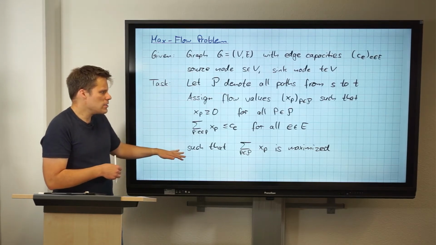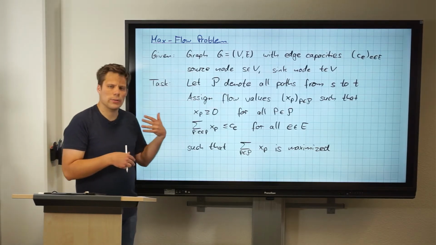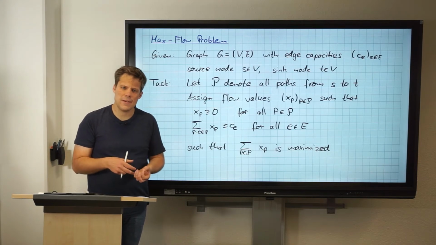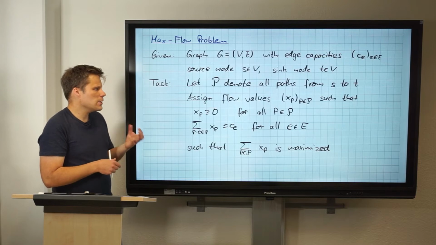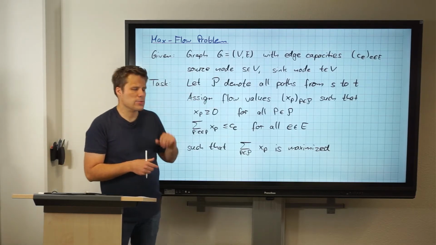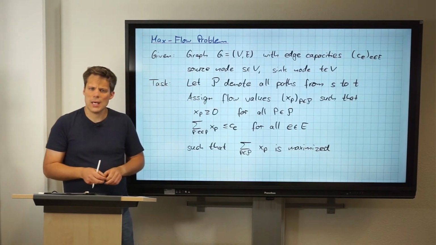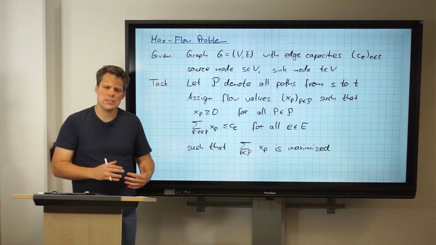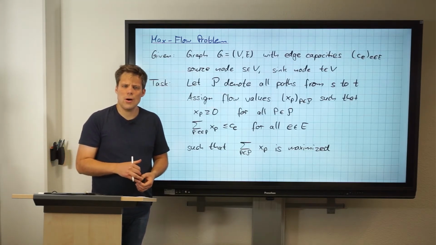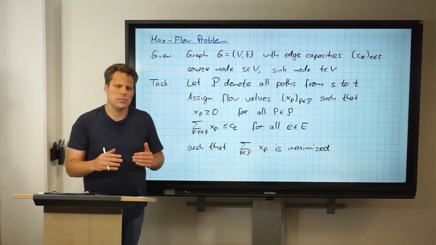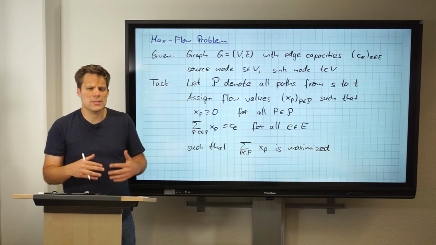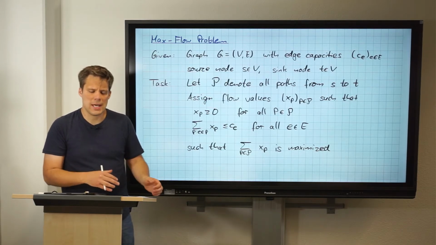This has the advantage, which we'll not make use of today, that it also easily generalizes to multi-commodity flows where you have multiple sources and multiple sinks. And as a matter of fact, everything that we're doing today, you could in principle also easily extend to multi-commodity flows, but I'm just not doing this because it will make things more complicated than it has to be.